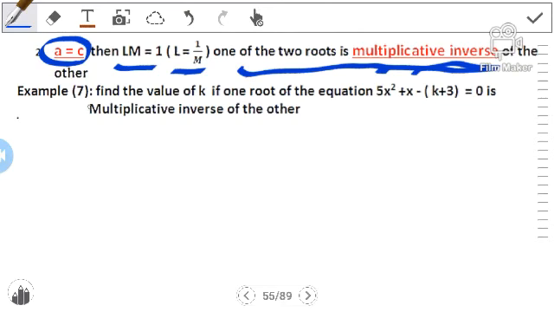For example, find the value of k if one of the roots of the quadratic equation is a multiplicative inverse of the other.